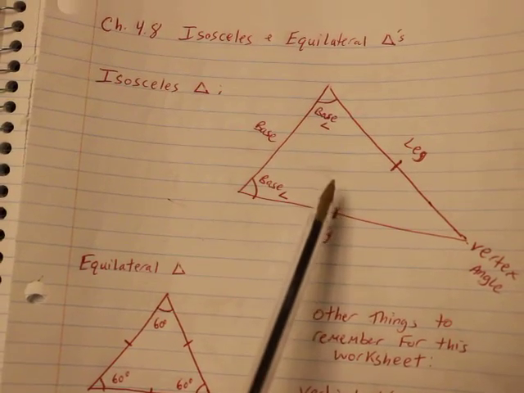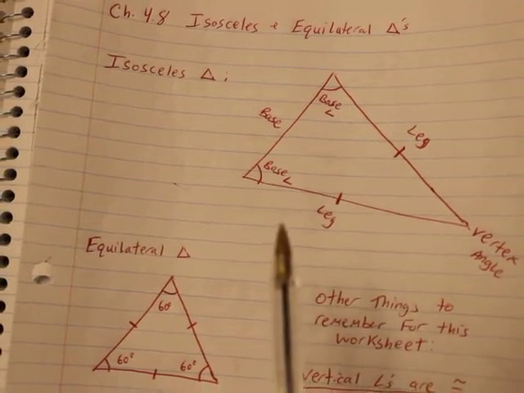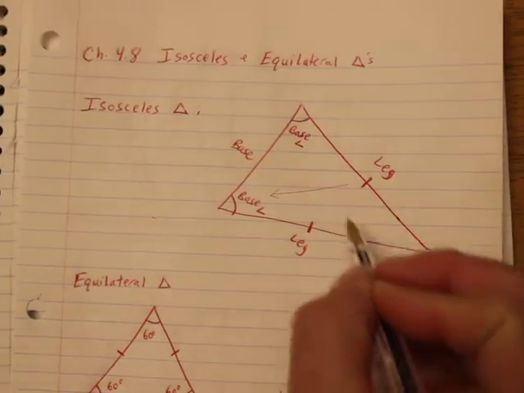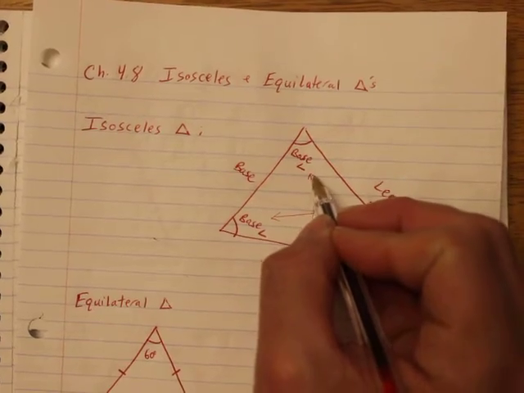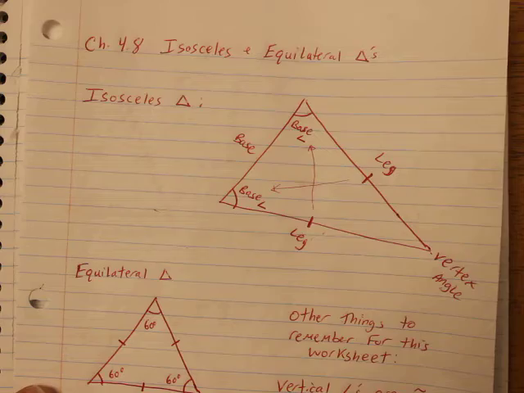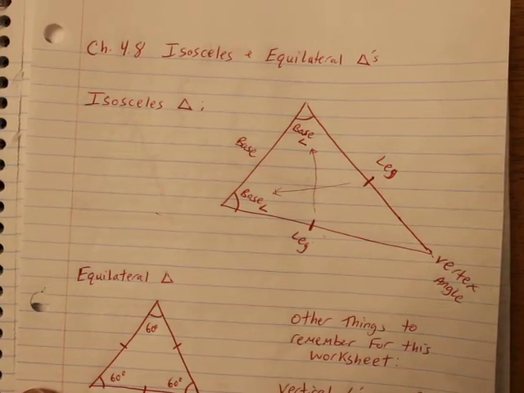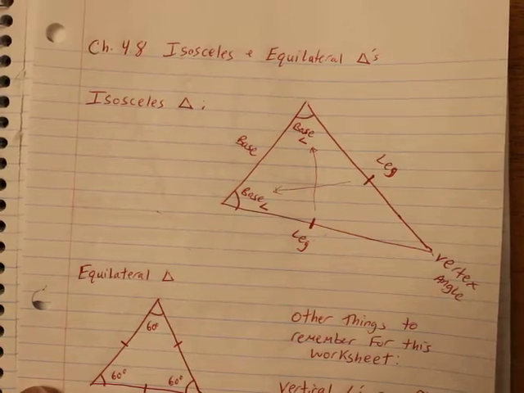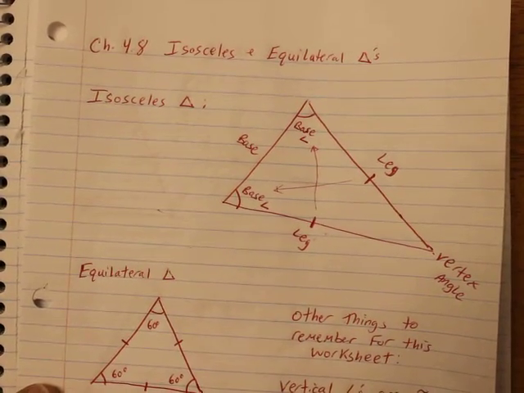And the base angles of an isosceles triangle are congruent. So across from each leg is the base angle. So two congruent sides, two congruent angles. You can find all this information in your online textbook as well in case you want to see it there in front of you. So those are the parts of an isosceles triangle.